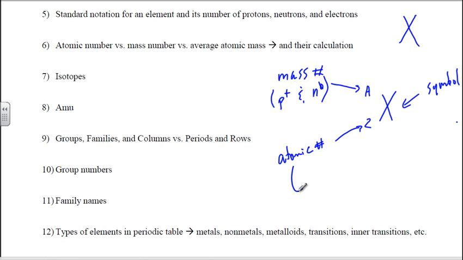And your atomic number just includes the number of protons. Okay. And then remember that if you were to subtract mass number minus the atomic number, what would you be left with? That would be your protons and neutrons together, minus just your protons, which would leave you just with the neutrons. So you could tell how many neutrons are in the element.